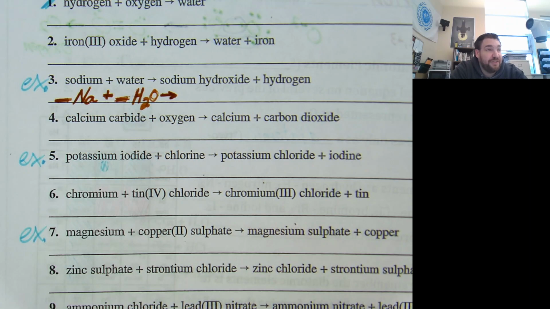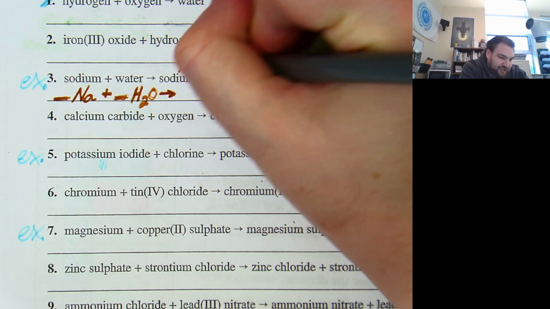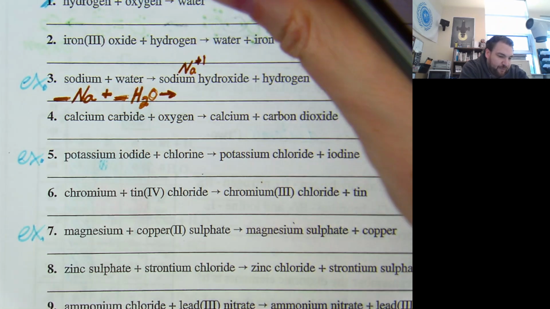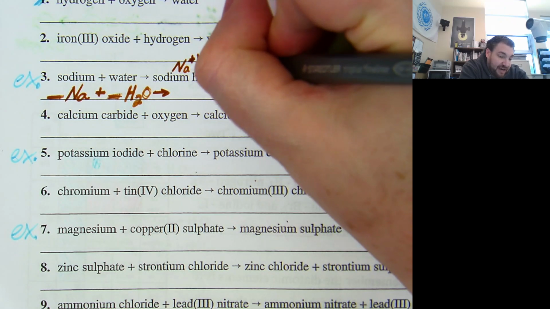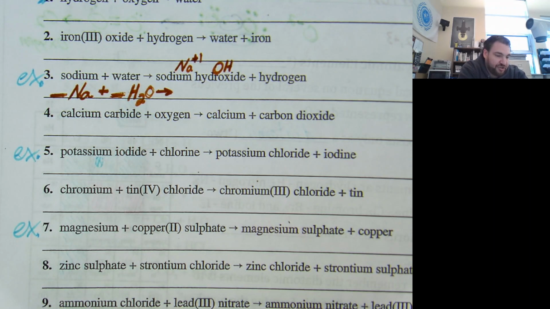Now sodium hydroxide. We actually have to go now and build this thing. Sodium hydroxide, it's a compound. Is it ionic or is it covalent? It's ionic because sodium has a charge of +1 when it forms a compound, and hydroxide is a polyatomic ion. Hydroxide is OH, has a charge of -1.